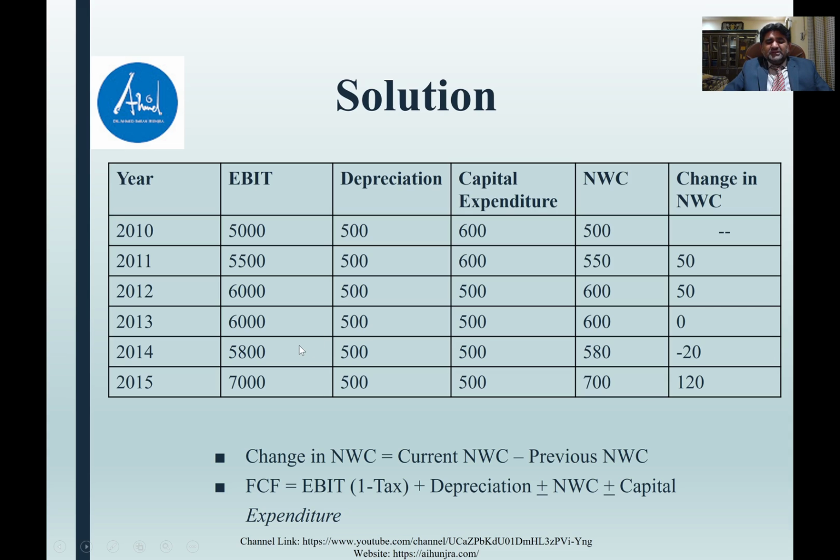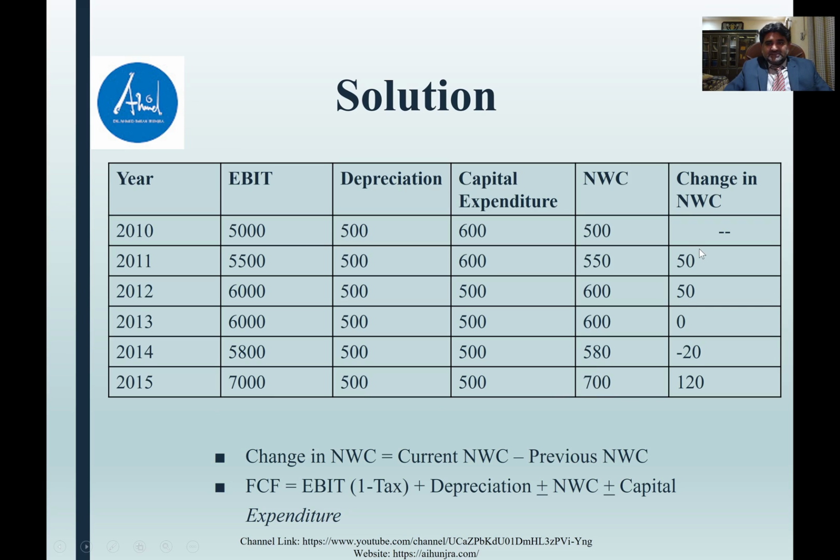In 2014 EBIT is 5,800 and the net working capital is 580, and in 2015 the EBIT is 7,000, and 10% of 7,000 is 700.